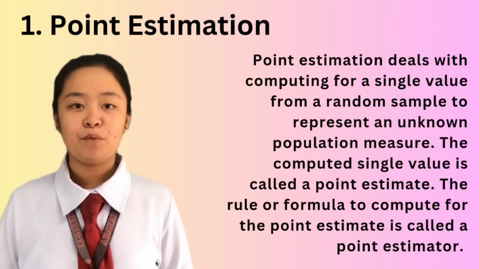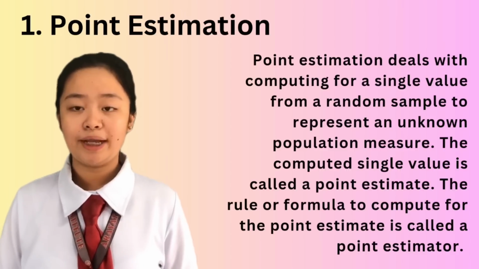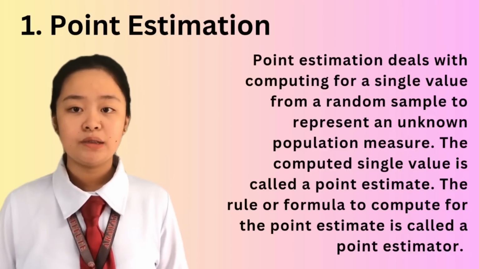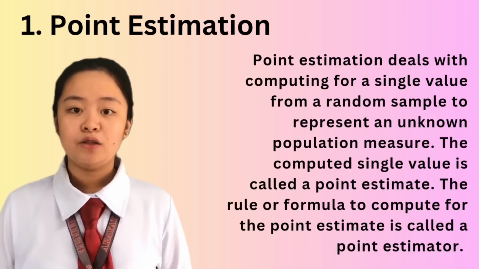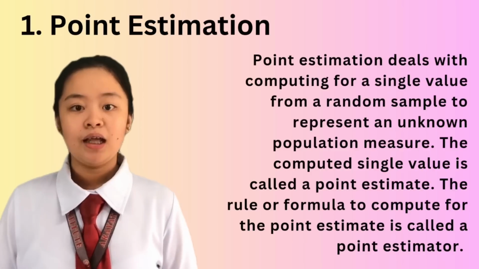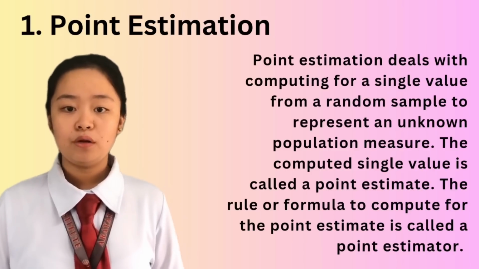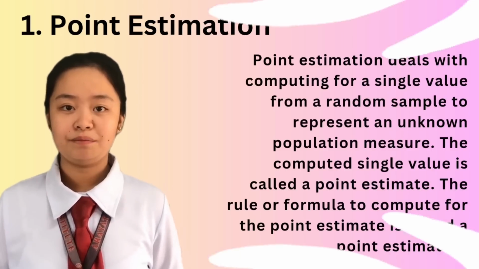Number 1, point estimation. Point estimation deals with computing for a single value from a random sample to represent an unknown population measure. The computed single value is called a point estimate. The rule or formula to compute for the point estimate is called a point estimator.